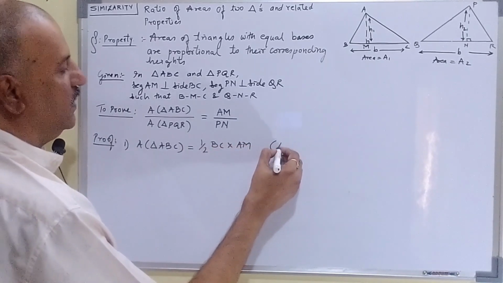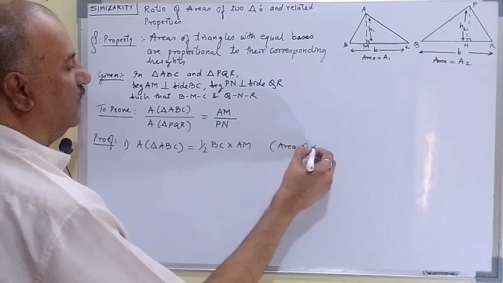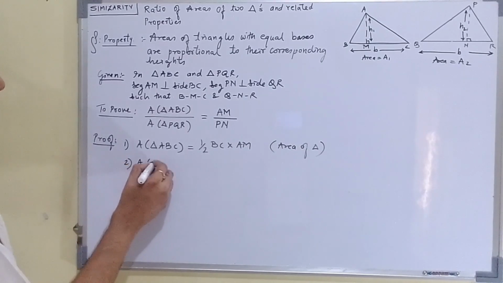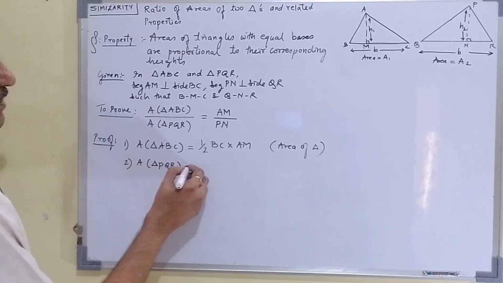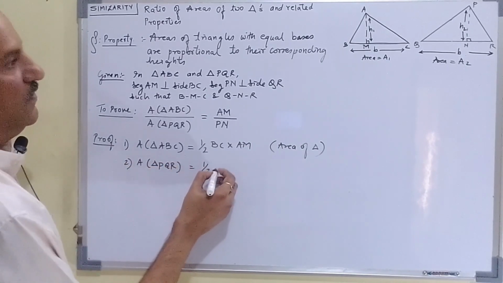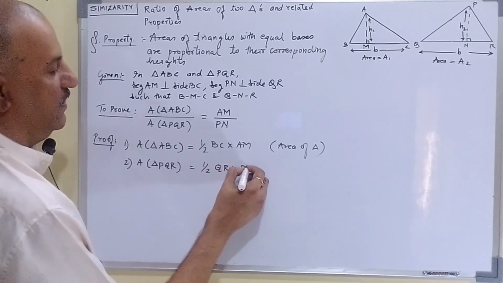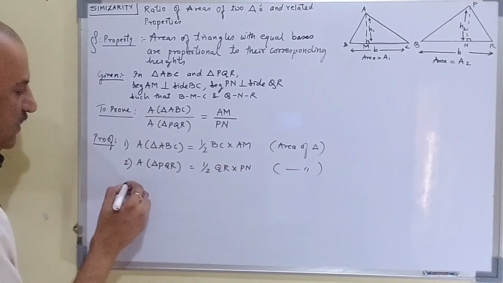Reason, you know, it is the area of a triangle formula. Statement, area of triangle PQR will be half. What is base? QR into PN. Here also same reason, formula of area of triangle.